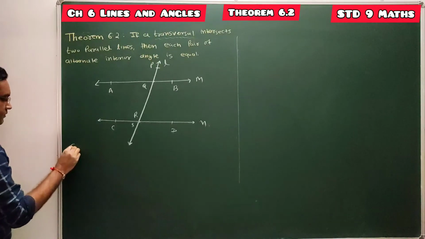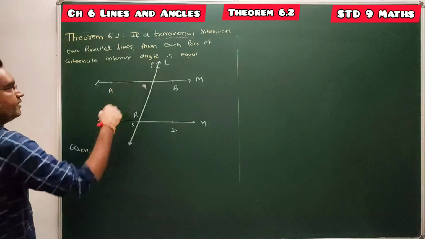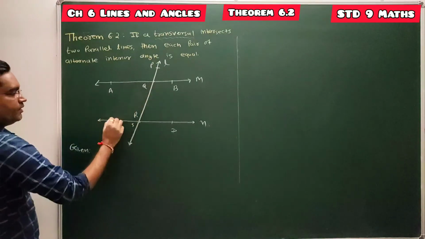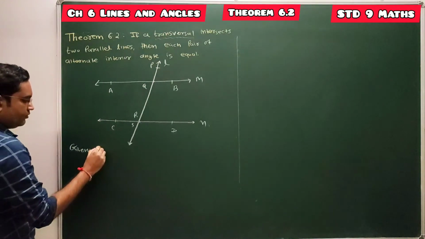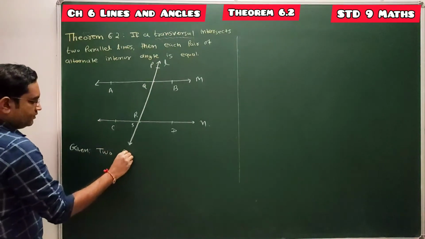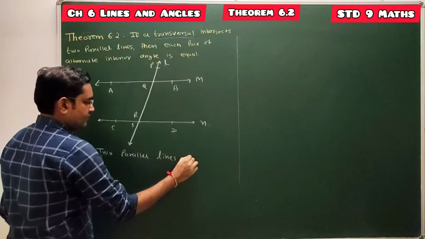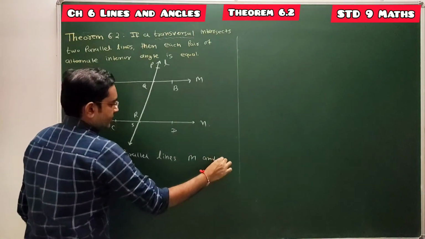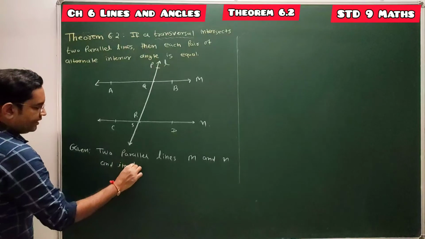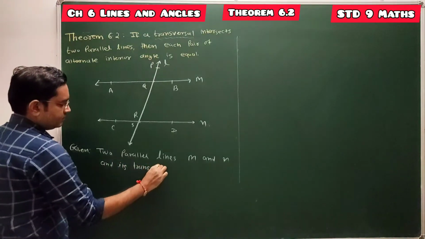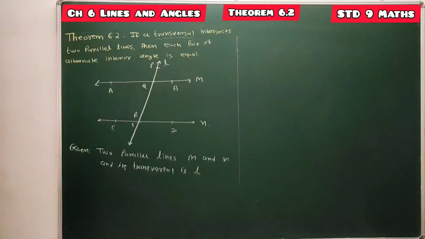So now, given: two parallel lines M and N are there, and L is the transversal, or you can say parallel lines AB and CD, and its transversal is PQ or QR or RS, or you can say line L. So here two parallel lines M and N, and its transversal is L.